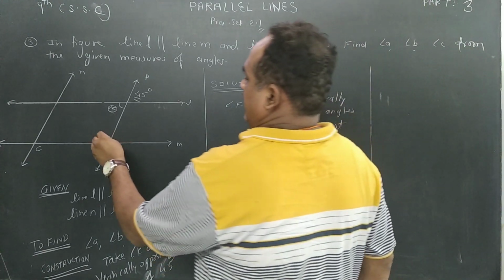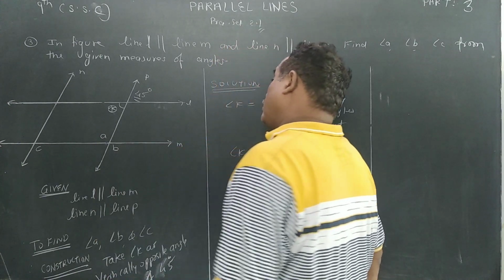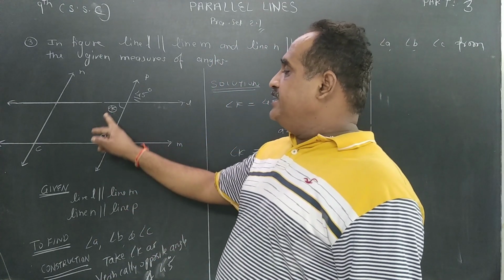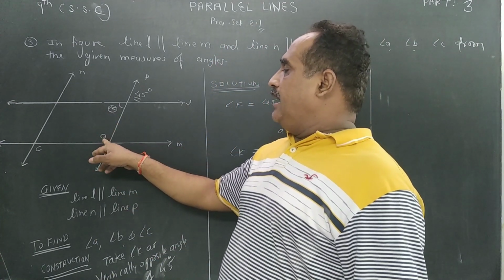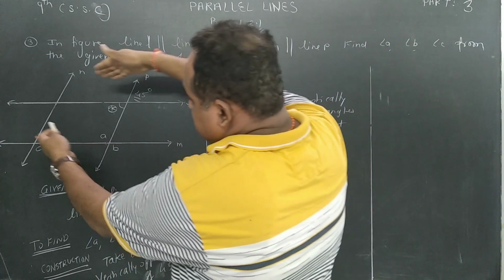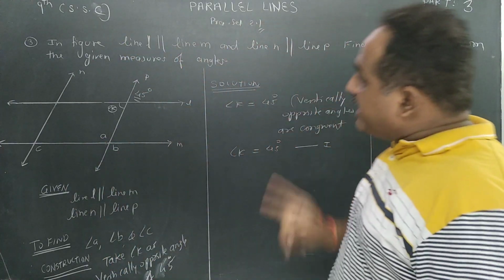Now we have to find angle A, and for that we have to consider how we get it. These two angles are interior angles, but you have to check whether these lines are parallel or not, and you have to mention it.